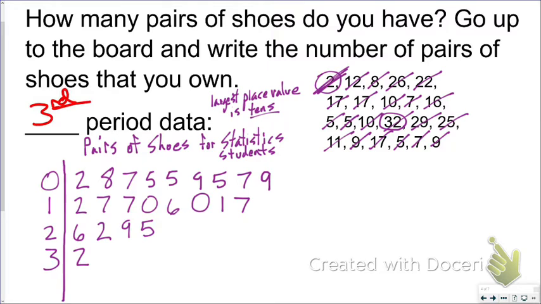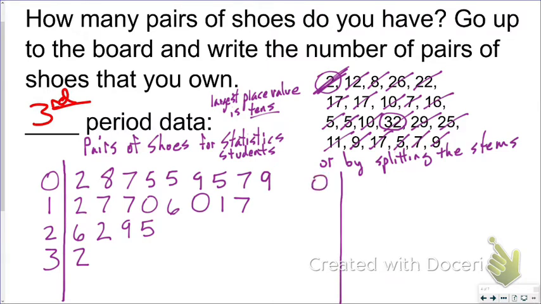Another choice you can make is you can split the stems. What you do at that point is represent the lower half of the tens and the upper half. I'm going to need to write smaller to fit it all.